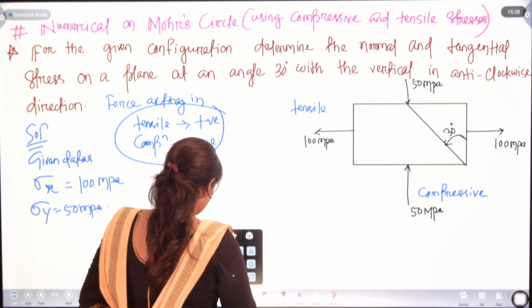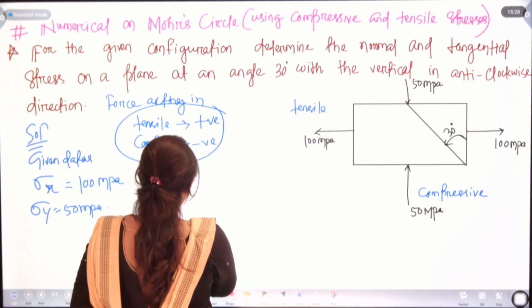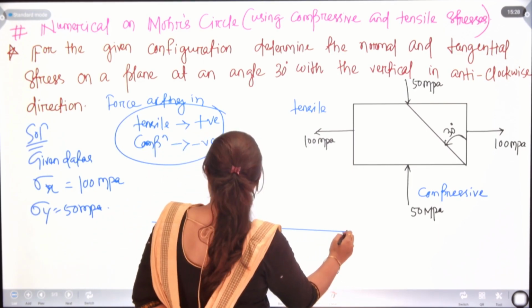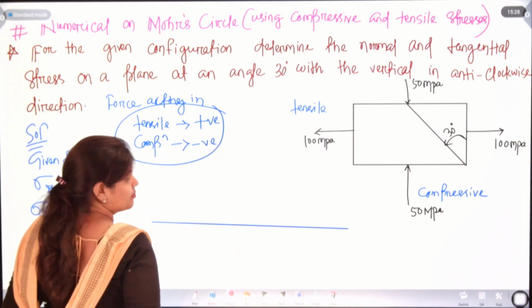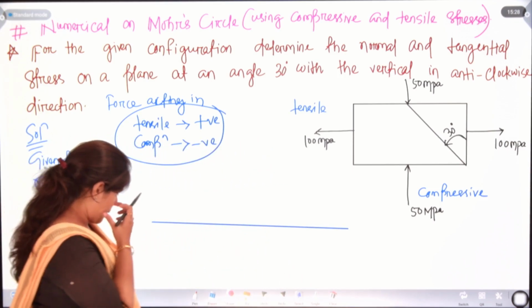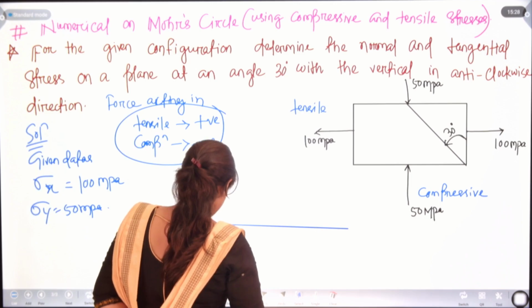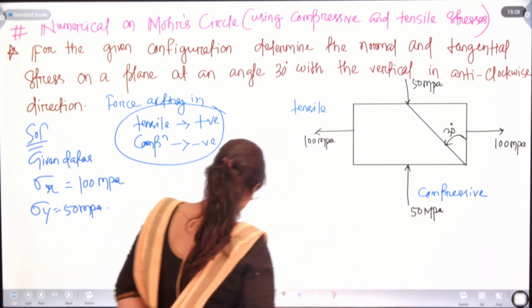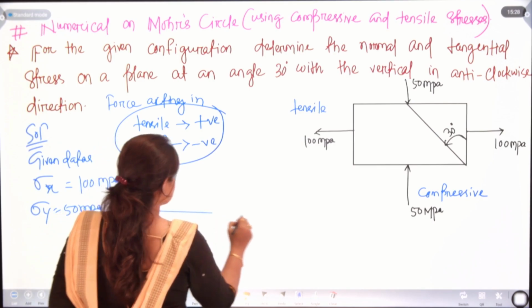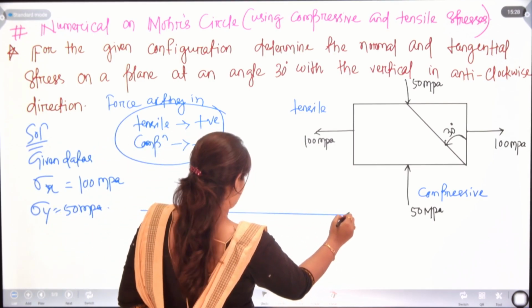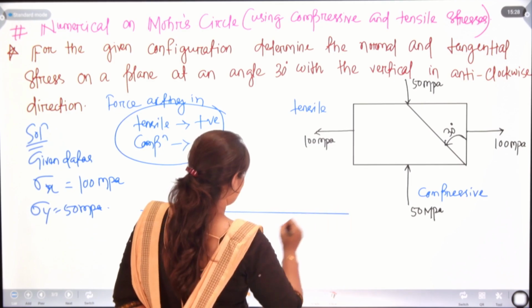So, to draw the Mohr circle, we need what? X axis and y axis. Here we have x axis and y axis.